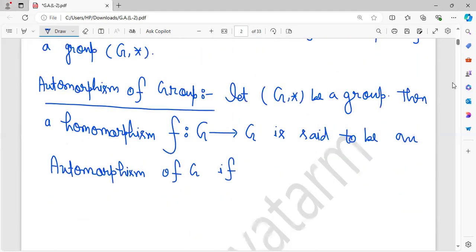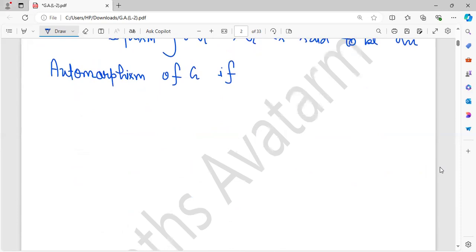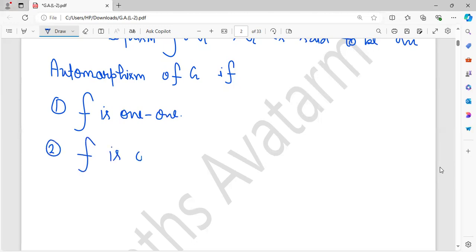Whenever some question is asked to you whether this is an automorphism, first you will have to check whether this is a homomorphism or not. It should also be 1-1 and onto. So first, F is 1-1. Second, F is onto.